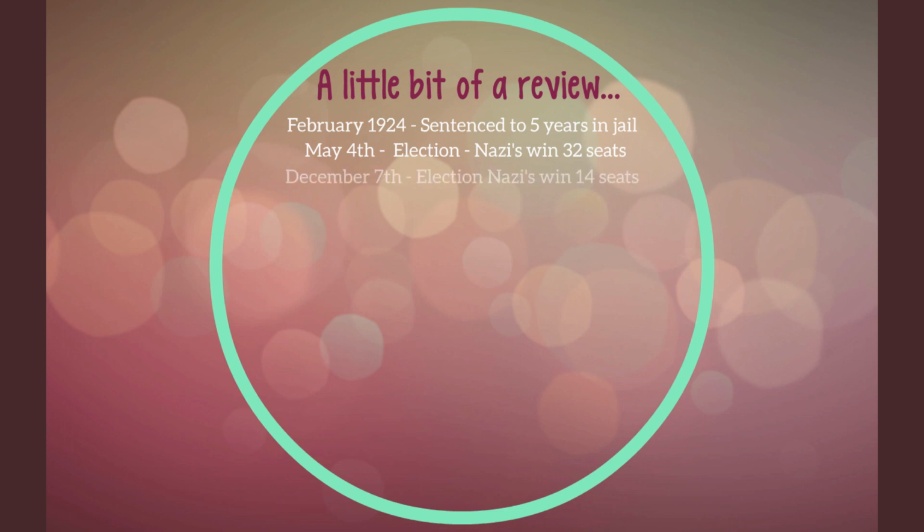On December 7th, there's another election, and in this election, the Nazis won only 14 seats. So we can see that right after the Munich Putsch and the trial, the Nazi popularity was high. They win a lot of seats. However, over the next few months, we see a swift decline in their popularity as people become more satisfied with the Weimar government.